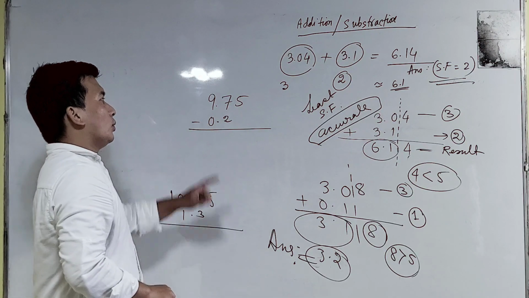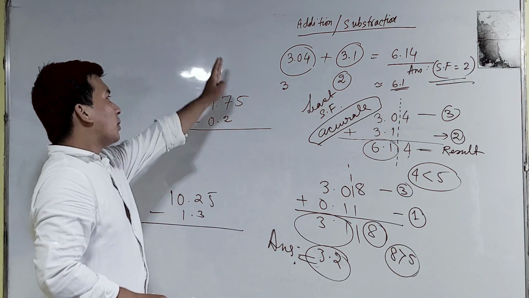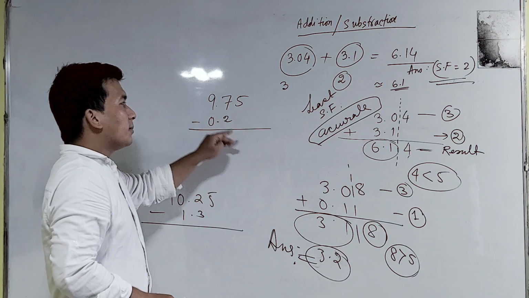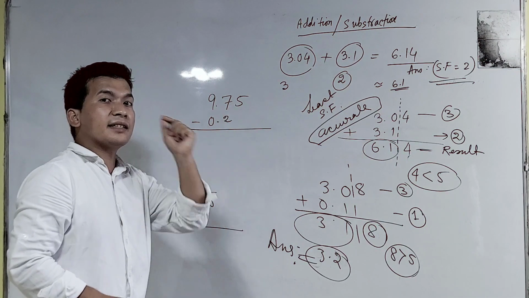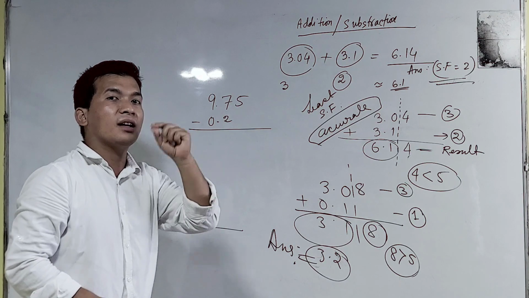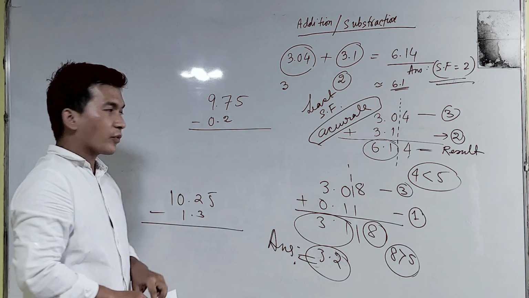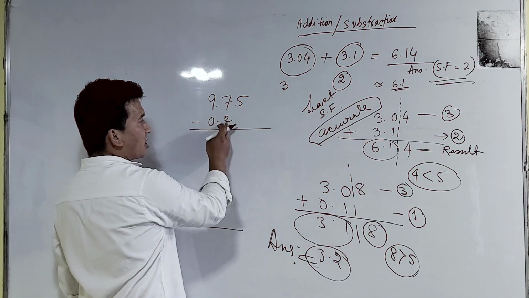So we are going to mark the boundary line for the number having the least number of digits after the decimal point.